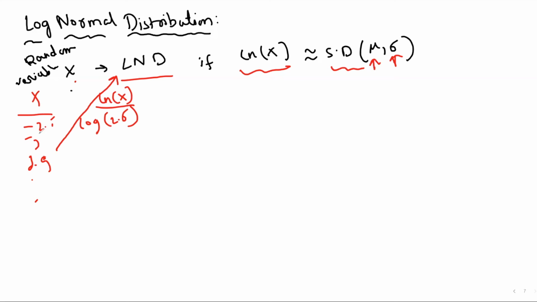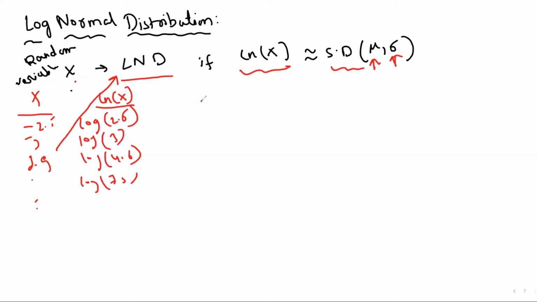You take the log of these variables, a log of 3, a log of 4.5, whatever values are present, log of 7.9. If you get this new variable and you take the logarithm of these variables and plot them, it will follow a normal distribution. Then you can say that this x is a log normal distribution.